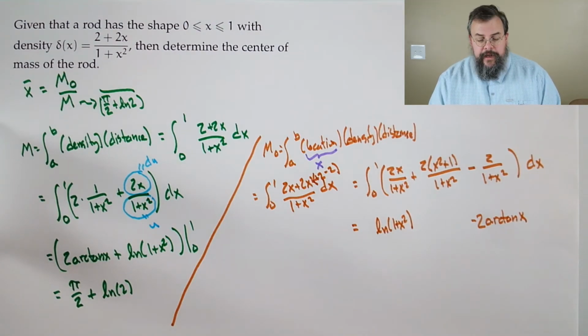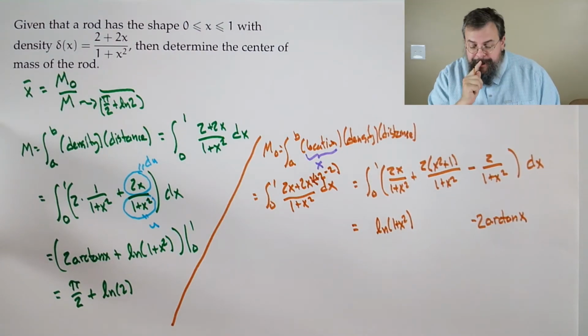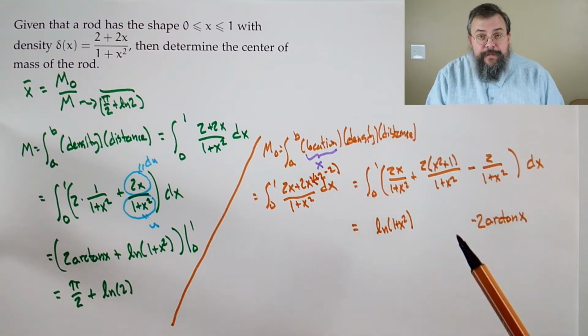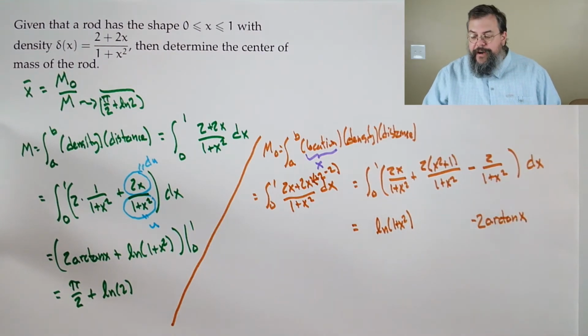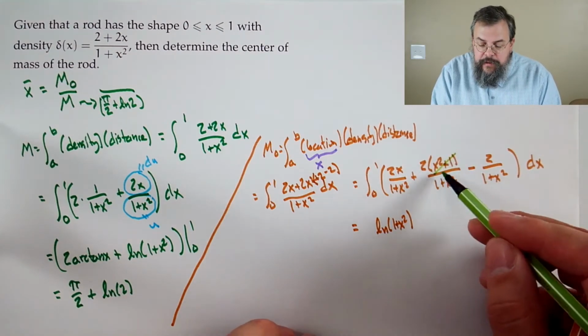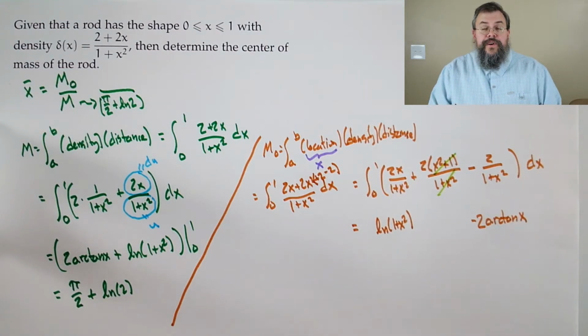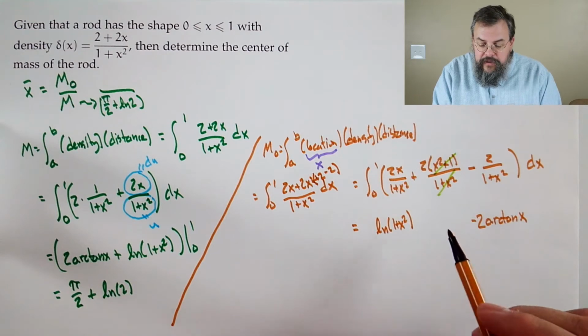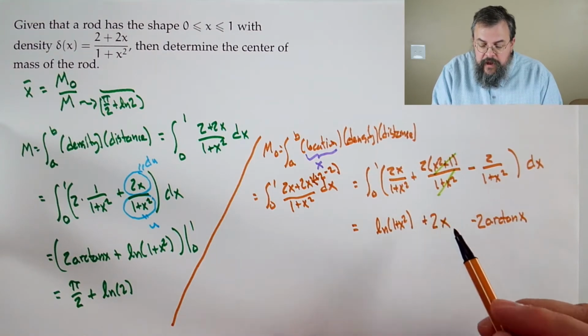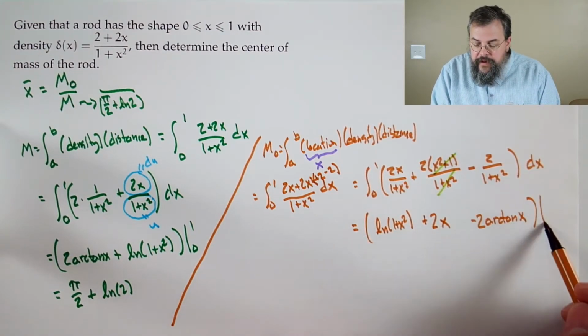Well, x squared plus 1 and 1 plus x squared cancel each other out, so what it really is is simply the number 2. And that's easy to integrate. So this would be plus 2x. And now life is good.